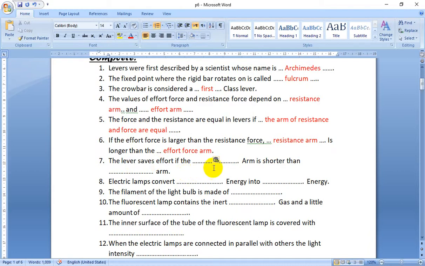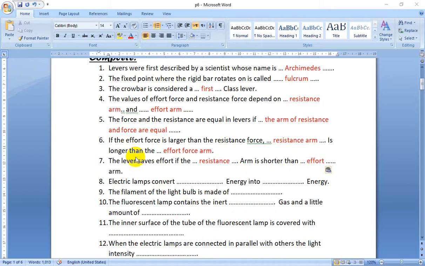So that means the resistance arm is longer than the effort arm. Again, to save effort, that means effort force smaller than resistance force, so resistance arm longer than effort arm.